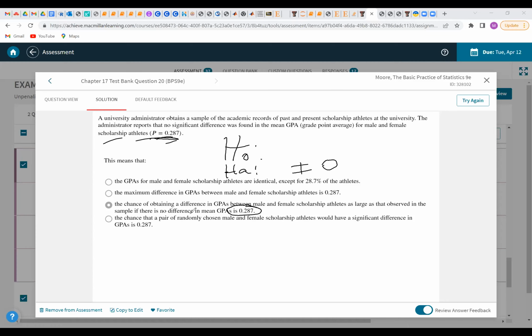That's the meaning of this p-value, so this should be the correct answer.